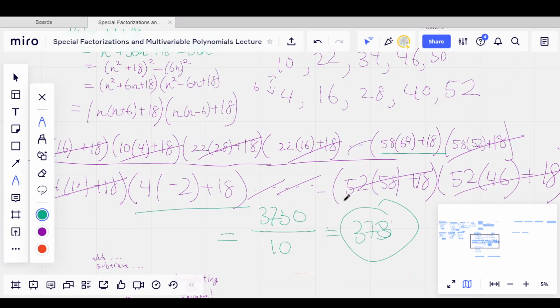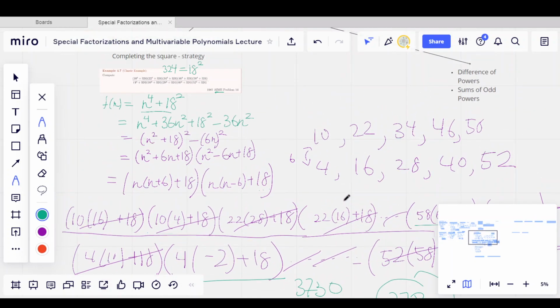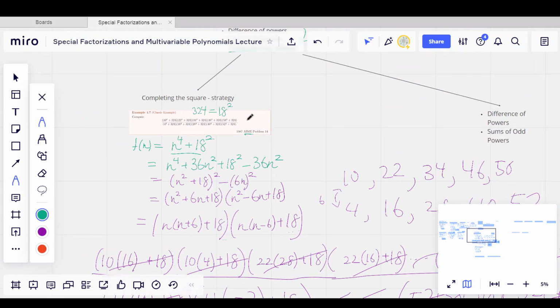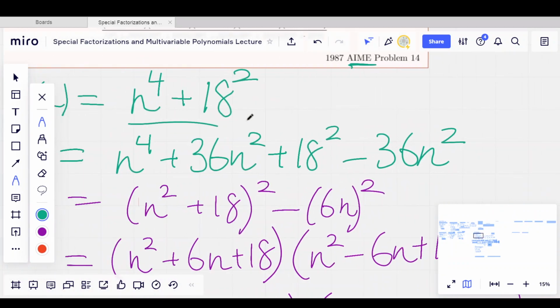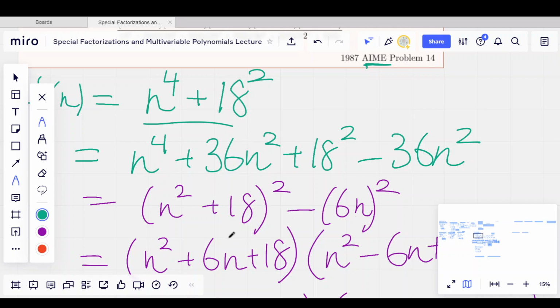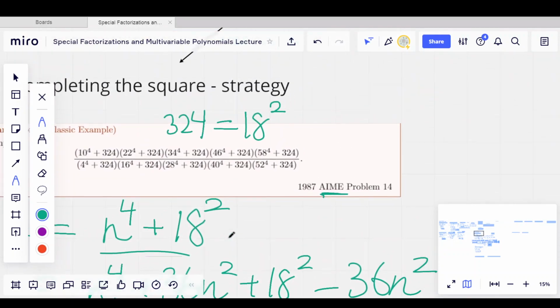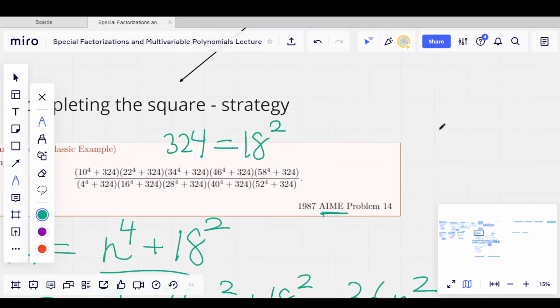So 373 is the answer. So yeah, this is kind of like a telescoping problem, but it uses the completing the square strategy in these intermediate steps. Okay, so the answer is 373.